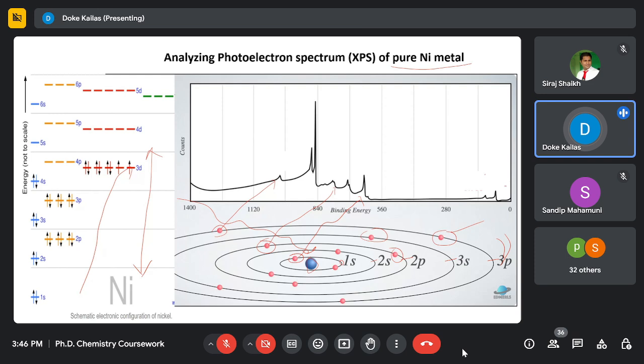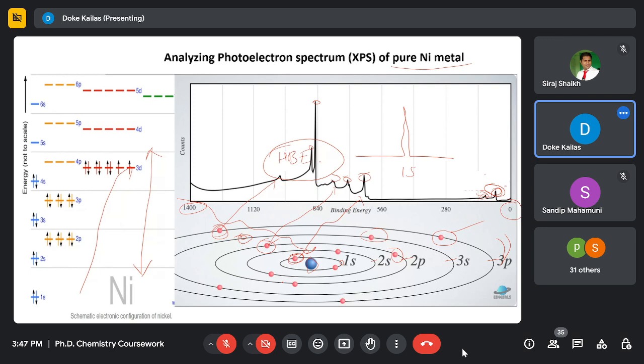These peaks have lower binding energy, and these peaks have higher binding energy. Can you tell me whether the higher binding energy is for a core shell electron or a valence shell electron? Core shell electron. Good.